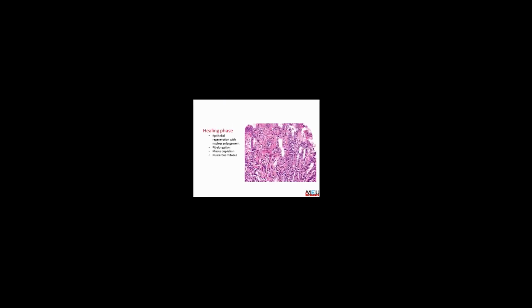We also see numerous fibrin deposits, you can see where my cursor is. In the healing phase, we get epithelial regeneration and nuclear enlargement. Sometimes we mistake this for dysplasia, and there is elongation of pits. There is a depletion of the mucous glands, and we also see a lot of mitotic figures sometimes in the pits.